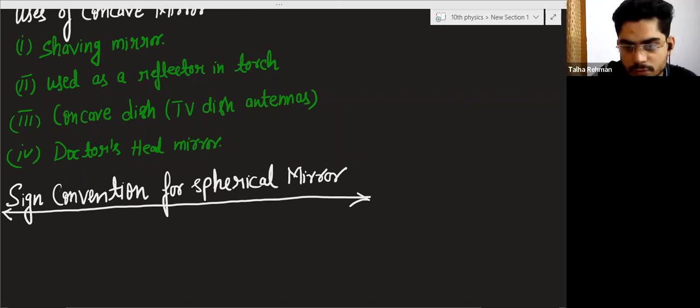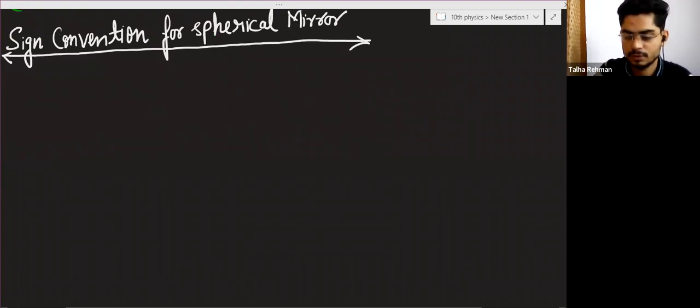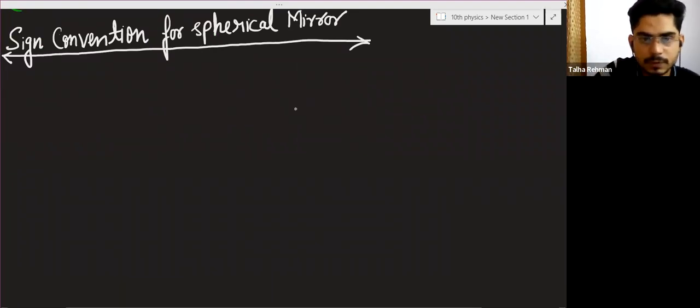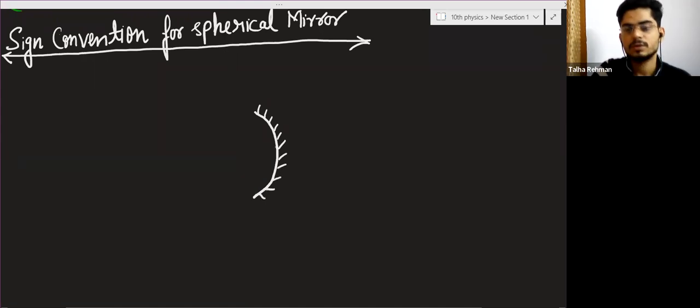Please concentrate your mind now. This is a concave mirror, and this is also a spherical mirror. I am writing first for the concave mirror.